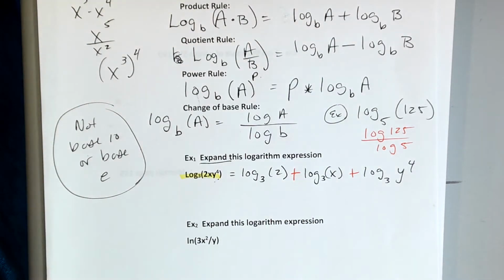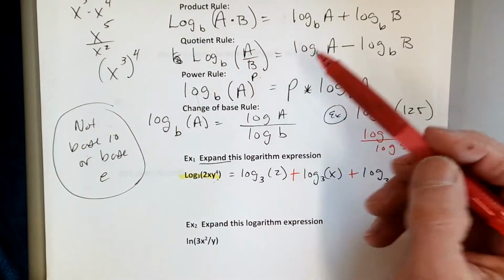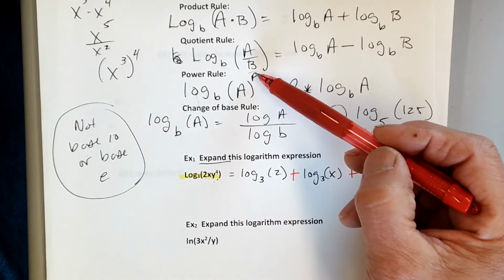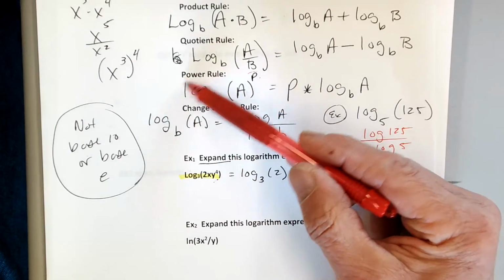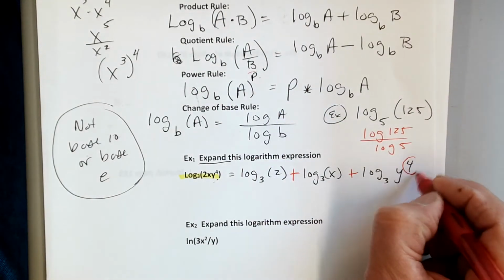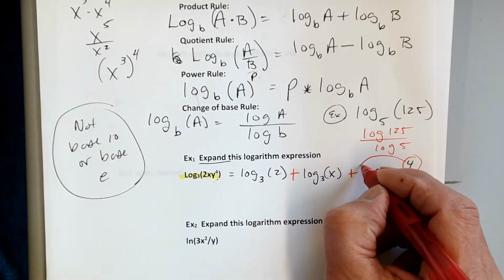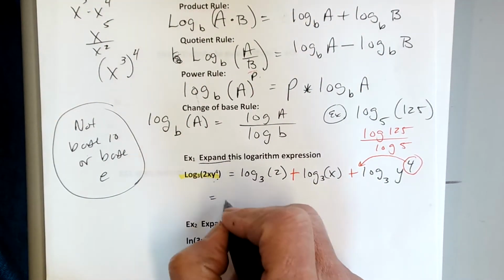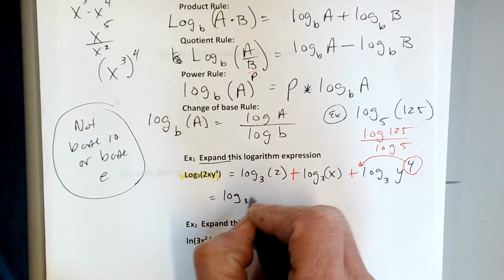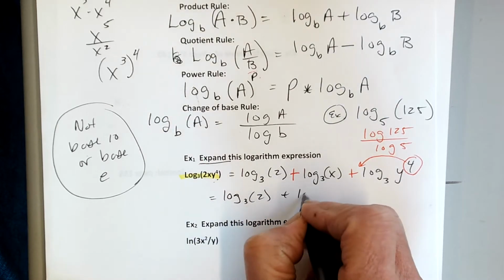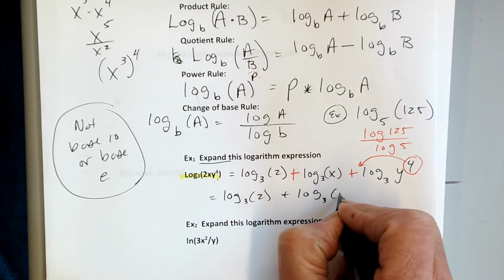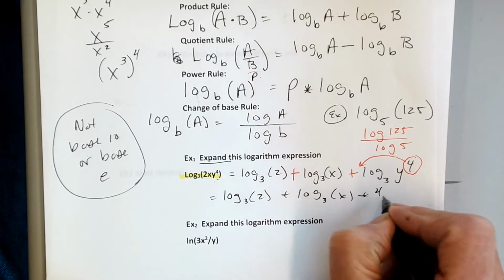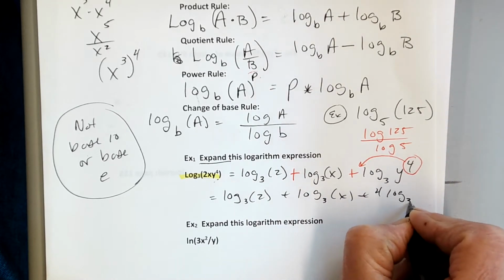Now, there's one more thing I can do, and that is if I have a power, or an exponent, I can bring the power down. So I'm going to take this 4 and float it down, because I've got an exponent on the y. So I'll finally rewrite this problem as log base 3 of 2 plus log base 3 of x plus 4 log base 3 of y.